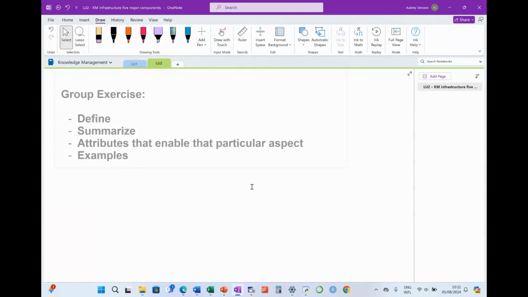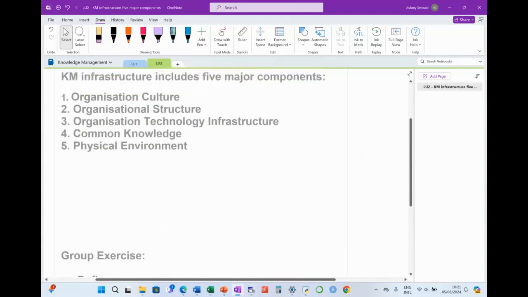So, how many are we? 2, 4, 6, 8, 10, 12. So we are groups of 4. We won't have 5 then. We only have 4 groups. But we have 5 things to define. 2 groups of 6.